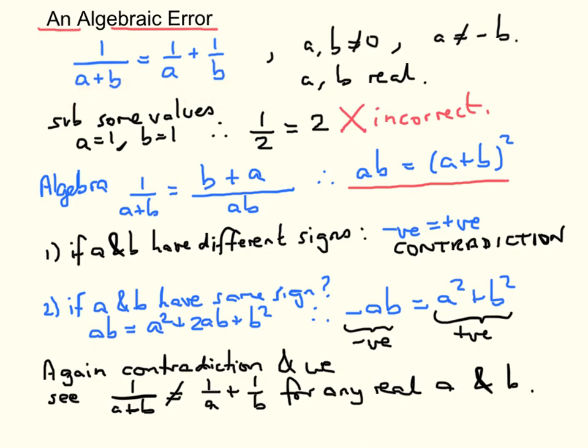So quickly, to go over it again, anybody who writes this out is making a mistake for real variables, and you can see this very easily just by substituting in some values. I've chosen here very simple numbers, but you could put in others, it doesn't matter, you'll see that this does not work.